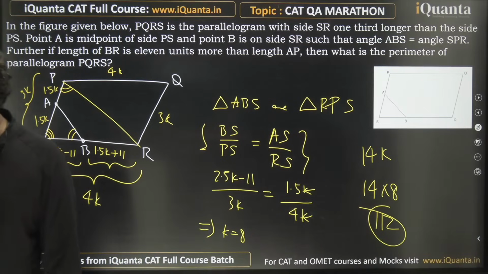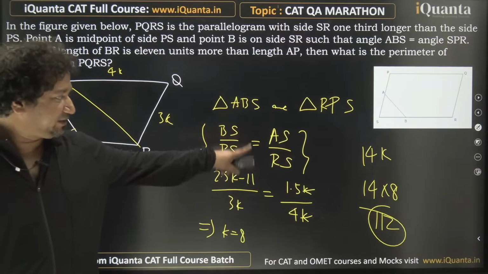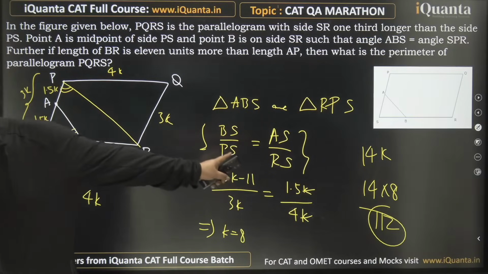क्या ये गलत है? अभिनव एंड सुचित, BS upon PS is AS upon RS. Is this wrong? Is that what you're saying?